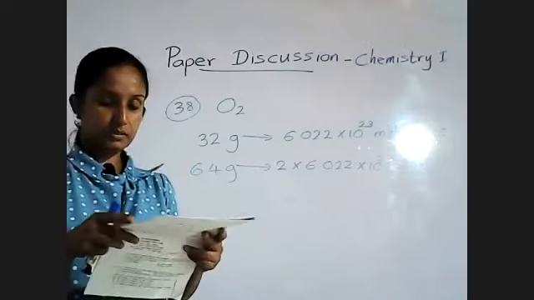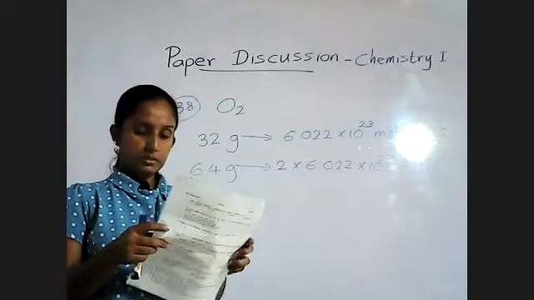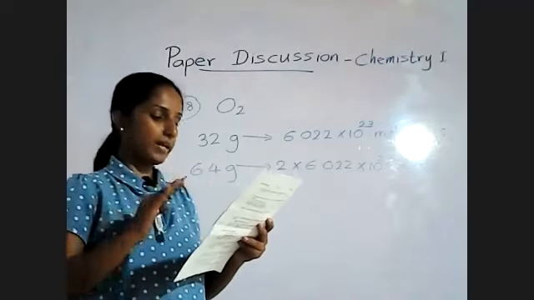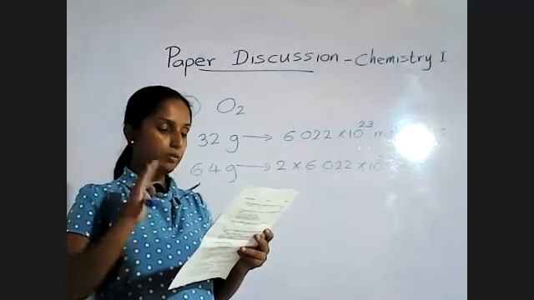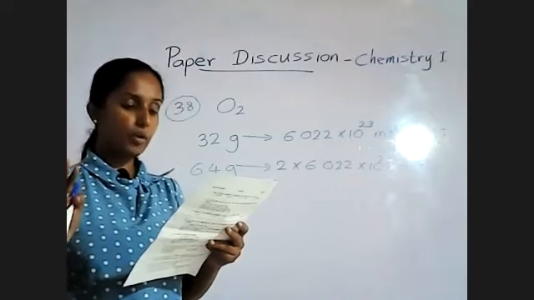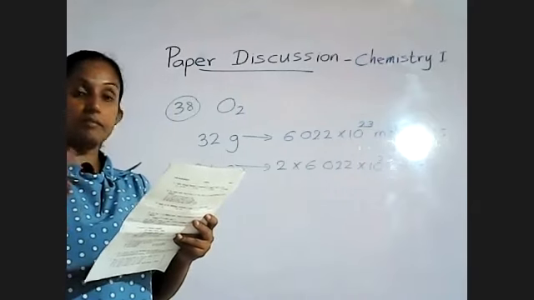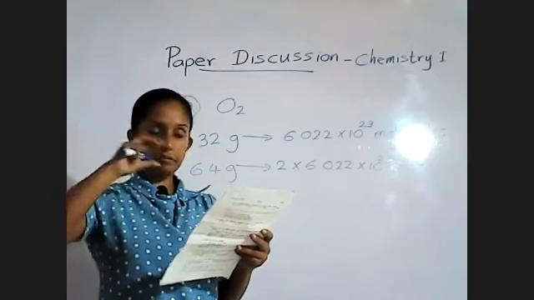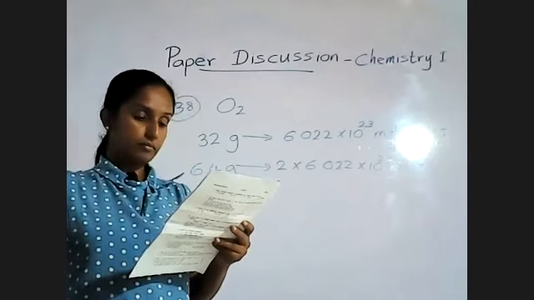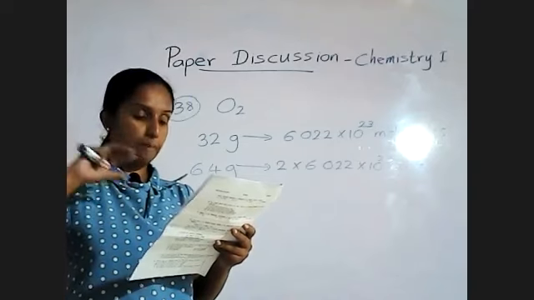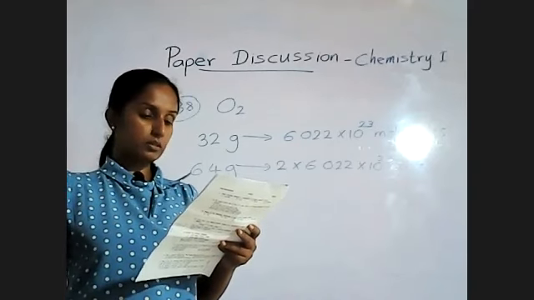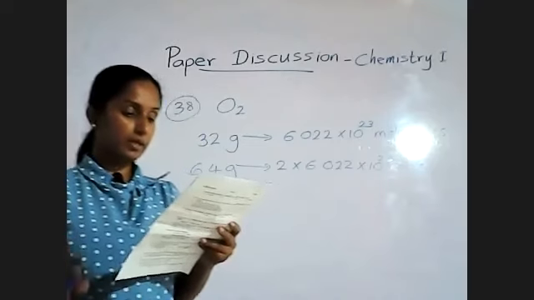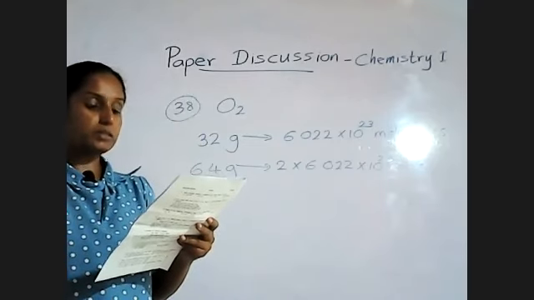Now, look at question 39. A graph is given. W, X, Y, and Z are 4 elements consecutively placed in the periodic table with the atomic numbers below 20.